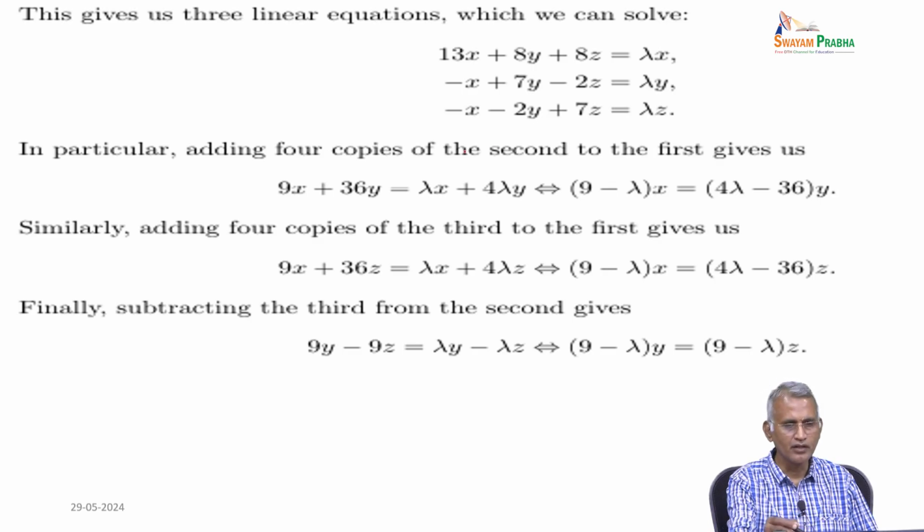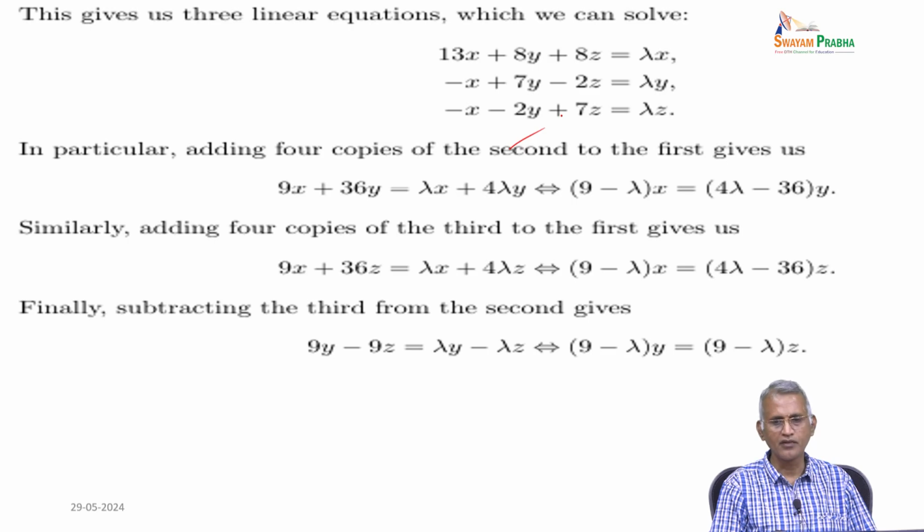So, in particular, 4 copies of the second added to the first gives 9x plus 36y equal to lambda x plus 4 lambda y, if and only if (9 minus lambda) into x equal to (4 lambda minus 36) into y. Similarly, adding 4 copies of the third to the first, we have (9 minus lambda) x equal to (4 lambda minus 36) z, and subtracting third from the second, we have (9 minus lambda) y equal to (9 minus lambda) into z.